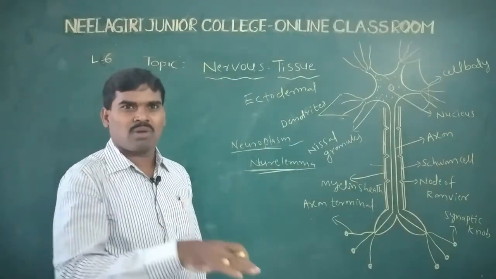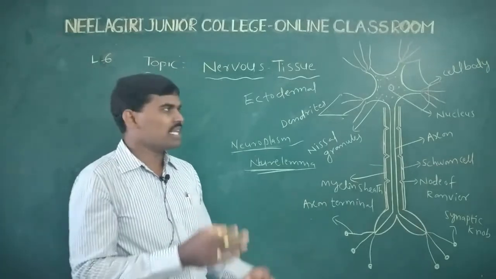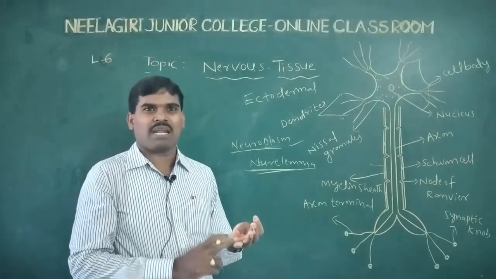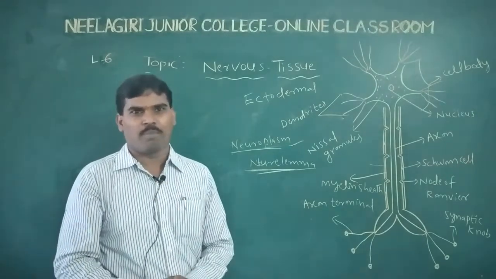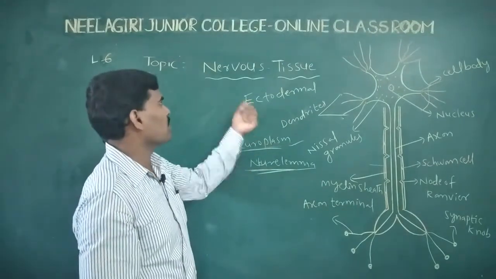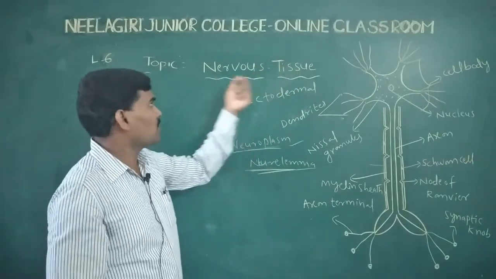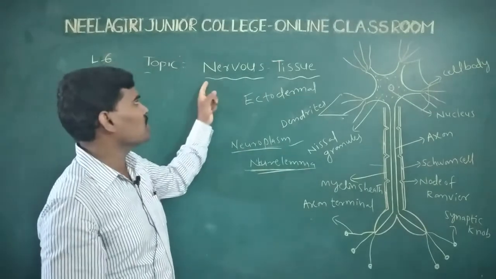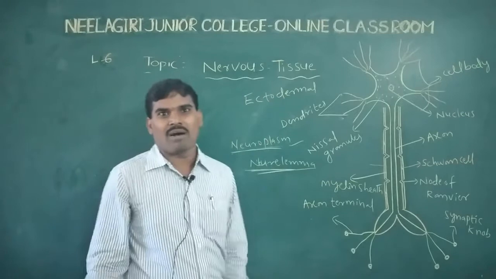Ectodermal, endodermal and mesodermal, the three germinal layers, were explained in the previous class, and each germinal layer gives rise to certain body parts. Nervous tissues, neurons, nerves, neuroglial cells and all types of neural tissues originate from the ectoderm.